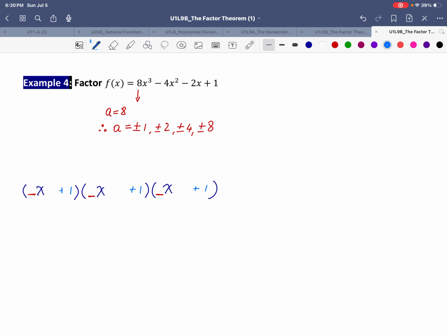The constant term in our case is 1. So the possible factors of b would be plus or minus 1. That's it. So based on the possible values of a and possible values of b, we are going to determine the possible values of b over a.